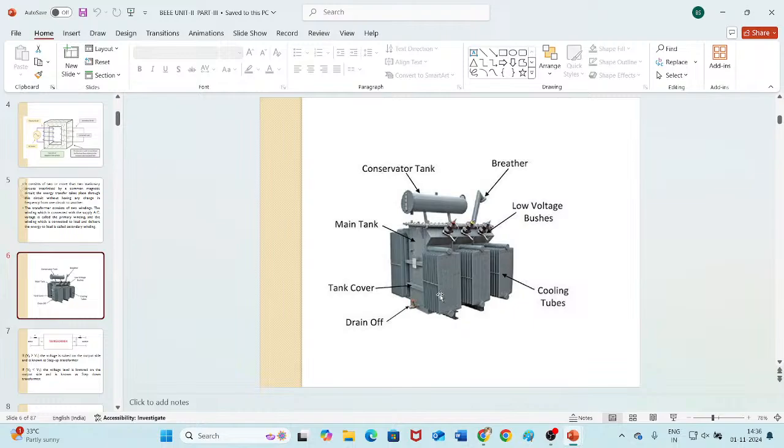Whenever we want to change the voltage level from one circuit to another, simply using the transformer we can either increase or decrease the voltage level.